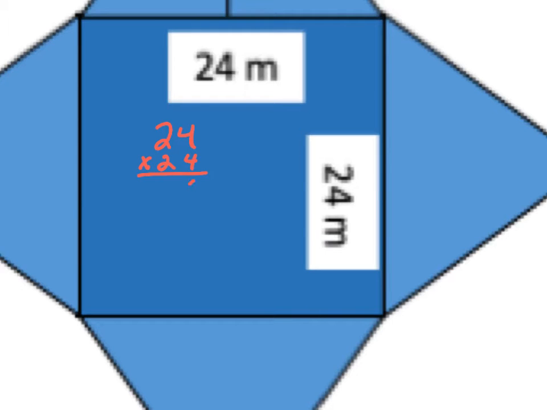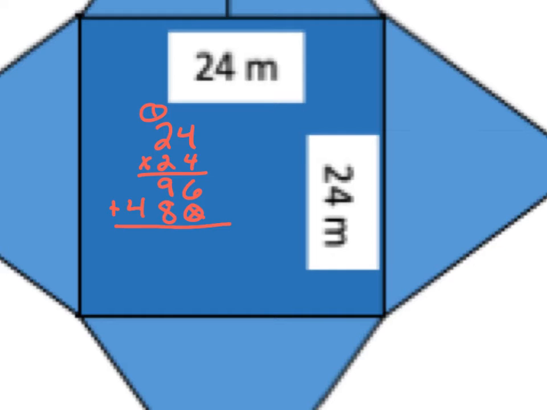And 4 times 4 is 16. Drop your 6, carry your 1. 4 times 2 is 8, plus 1 is 9. And then we're going to go right to here, which means I've got to drop a 0 and put an x in it. So drop a 0, put an x in it, and now I'm on 2 times 4, which is going to give me 8. And then you've got 2 times 2, which is going to give you 4. And now you're all done with your multiplication.